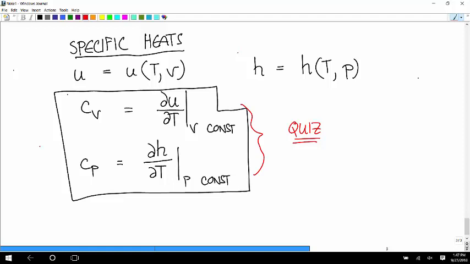Maybe it's 1 little calorie to raise the temperature of a cubic centimeter of water by 1 degree. Okay, so that's the specific heat, and that makes it seem really simple, right? That's because when water is a liquid, we have one of these simplified cases. But the simplified cases are going to come from this definition, so I want you to remember that.